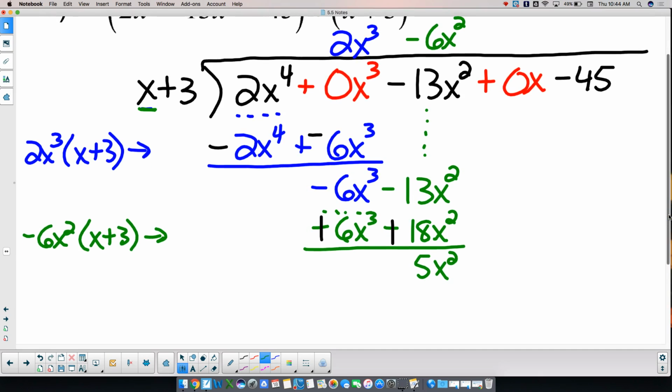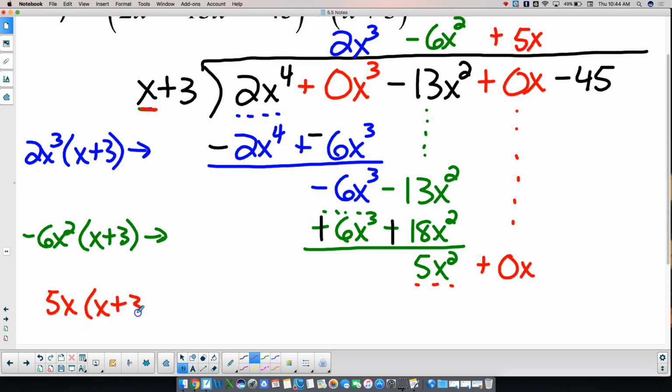Drop down what? 0x. Drop down my 0x. Drop it like it's hot, guys, tomorrow. Okay? Got to make these now look the same. So that's going to be 5x, plus 5x. So that's going to be 5x squared plus 15x. Flip the signs.